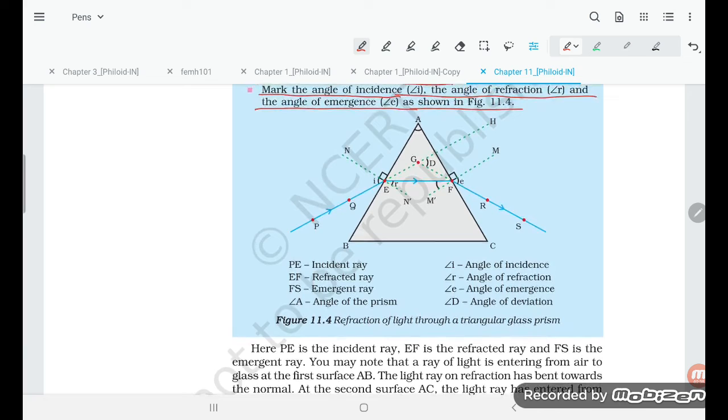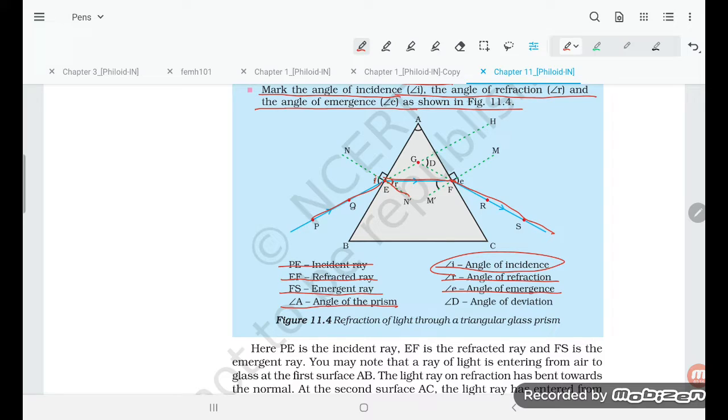Okay, so PE is the incident ray, and i is the angle of incidence. EF is the refracted ray, and r is the angle of refraction. FS is the emergent ray, and e is the angle of emergence.